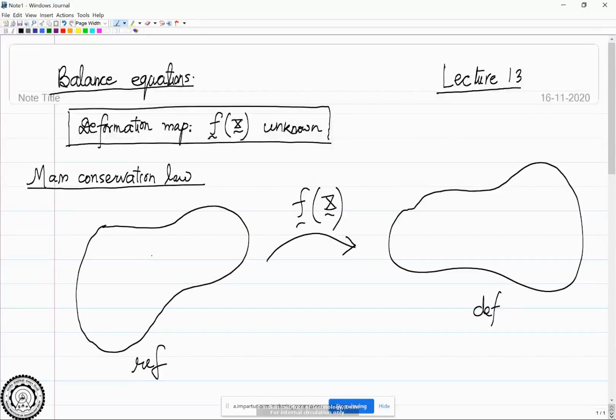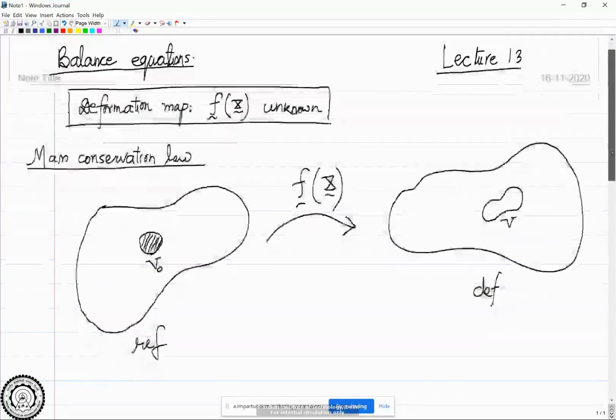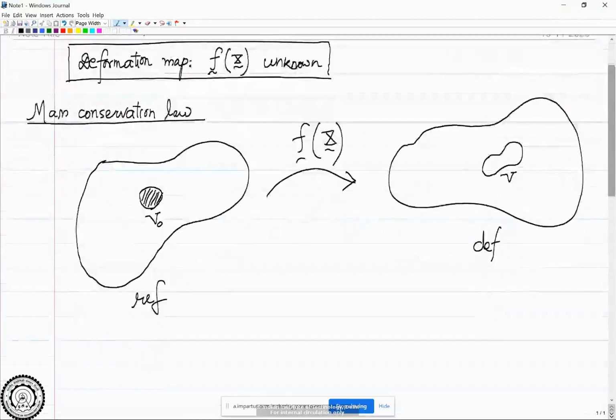Now concentrate on some particular volume in the reference configuration. Suppose this volume is V naught. And after deformation, this volume may have become V.